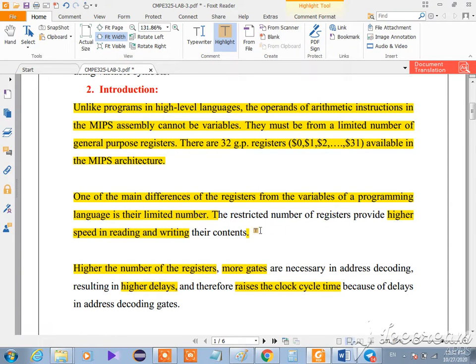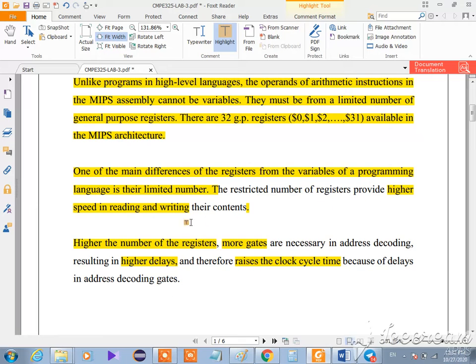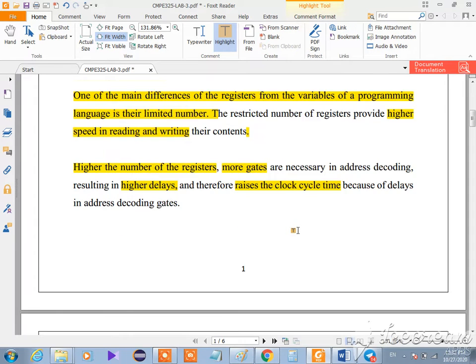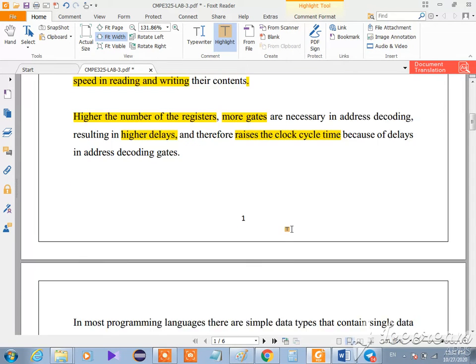That's why actually we have limited registers in MIPS, because we need higher speed in the reading and writing of the registers, and also a higher number of registers or gates or something like this increases our delay. That's why we don't like it. It can be because of the higher delays, and we don't like higher delay in our hardware.